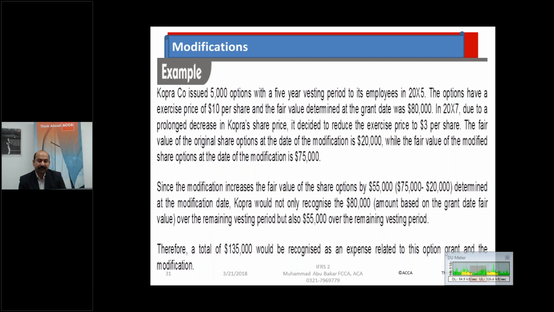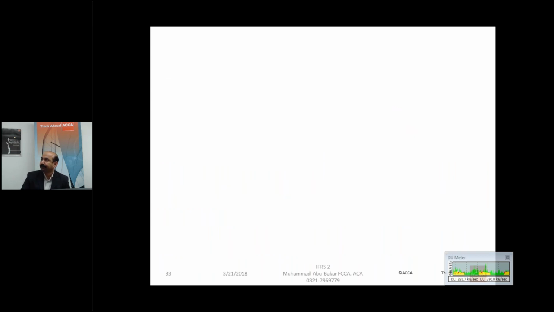Since the modification increases the fair value of the share options by 55,000, determined at the modification date, Copra would not only recognize the $80,000 amount based on the grant date fair value over the remaining vesting period, but also 55,000 over the remaining vesting period. This is the treatment of the modification.